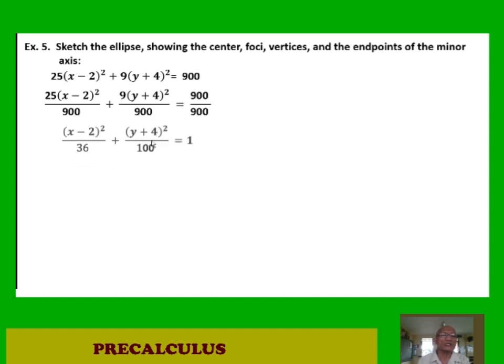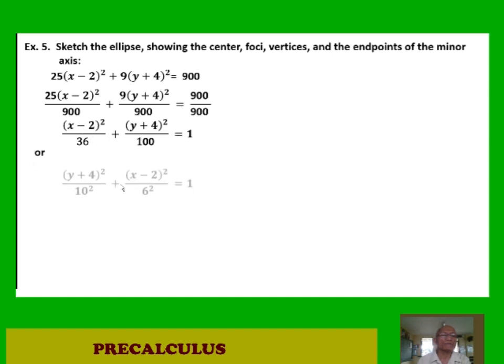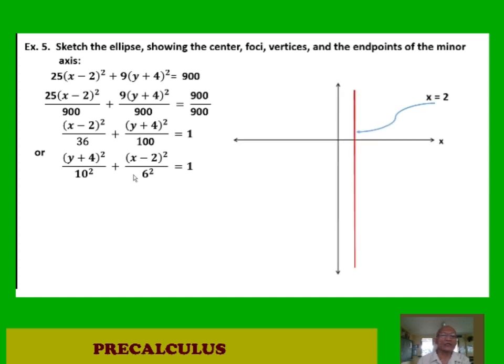So the resulting equation is this one. The y term has denominator 100, so this is type 4 of our equation. So we can rearrange the terms, with this term first, so that we can identify a and b.